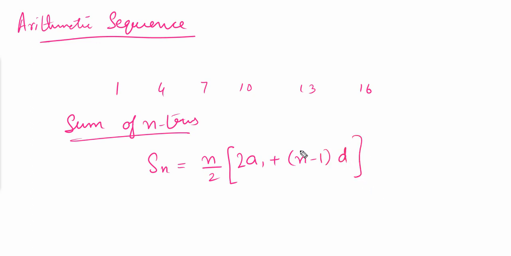So in order to find the sum, we need the first term, the total number of terms, and the common difference.